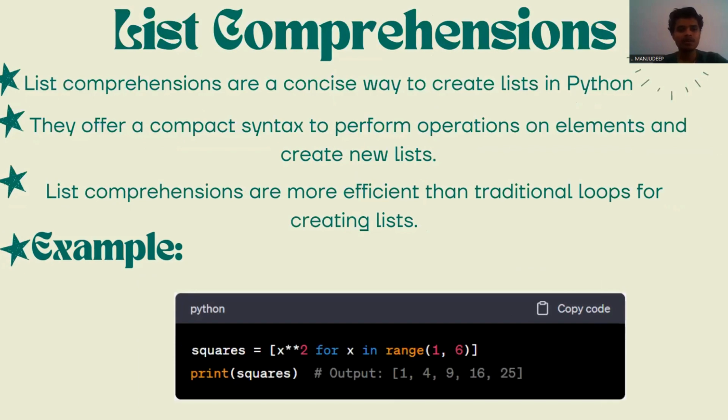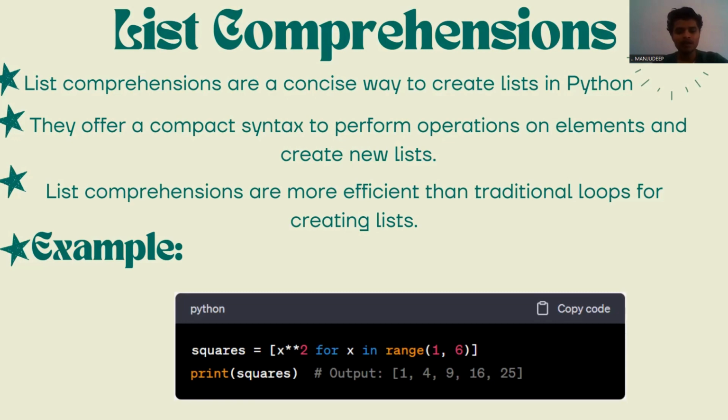List comprehensions. List comprehensions are a concise way to create lists in Python. They offer a compact syntax to perform operations on elements and create new lists. List comprehensions are more efficient than traditional loops for creating lists. An example: squares = [x ** 2 for x in range(1, 6)].